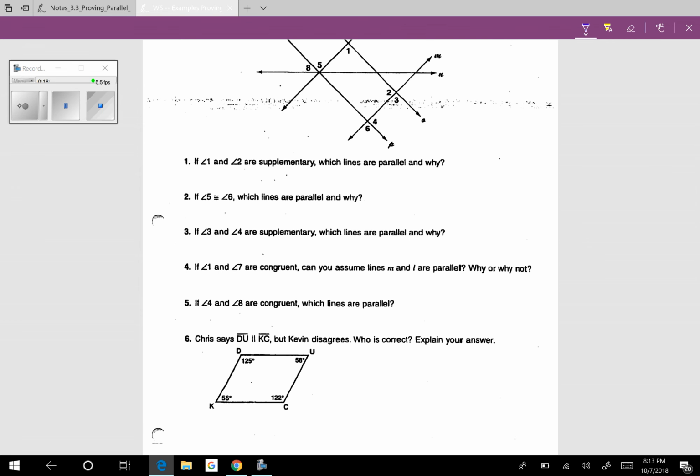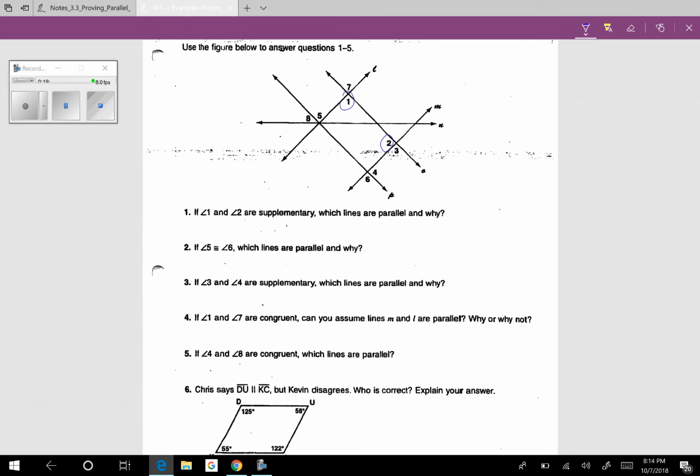We need to look at the two that are crossing line O, which are L and M. So since 1 and 2 are supplementary, we can say that lines L and M are parallel because angle 1 and angle 2 are same side interior angles.